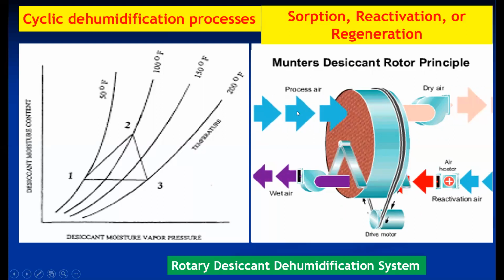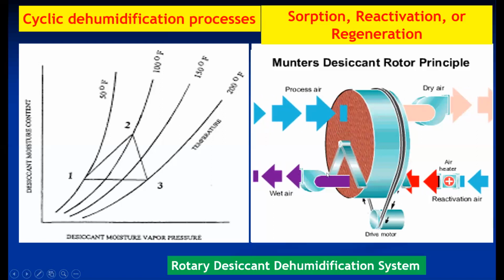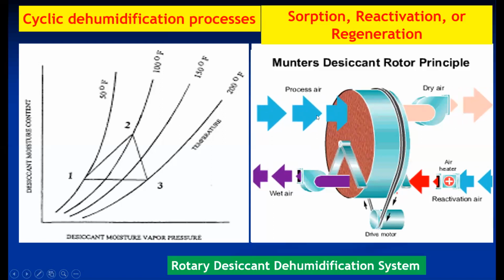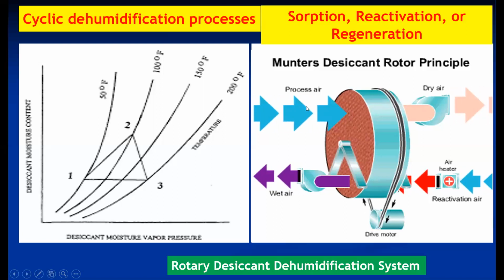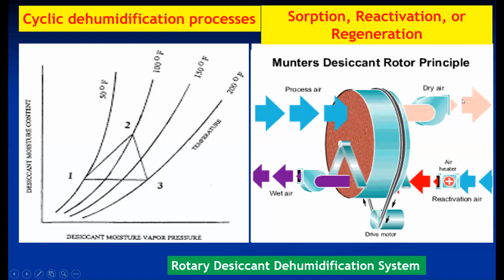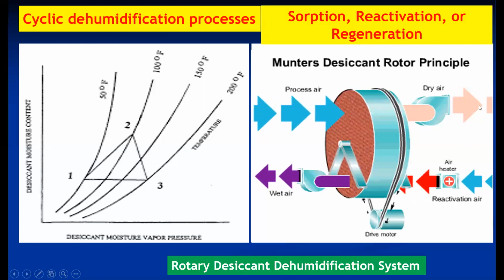When it comes in contact with process air, sorption takes place, and when it comes in contact with reactivation air, desorption takes place. Again, in the next cycle, it first cools, so cooling and sorption happen here, and the heat desorption process happens here. This process air, that is dry air, is used for any process application or comfort cooling.